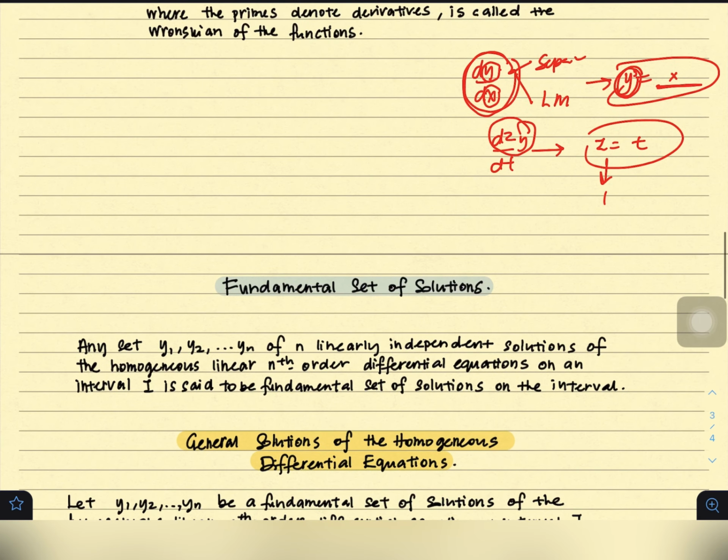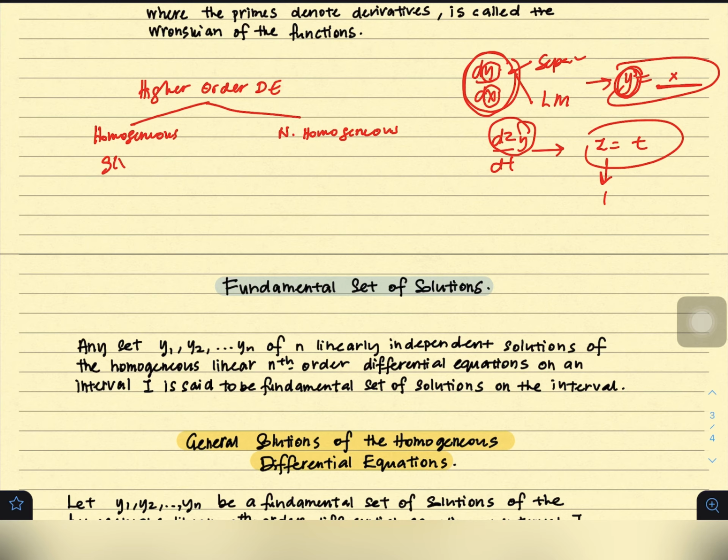Okay, so now we are talking about higher order differential equations, where our higher order differential equation is either a homogeneous equation or a non-homogeneous equation. How do we determine whether our differential equation is homogeneous or non-homogeneous?